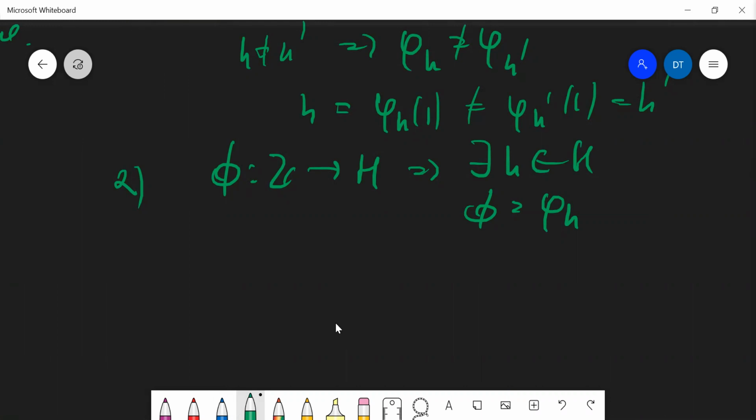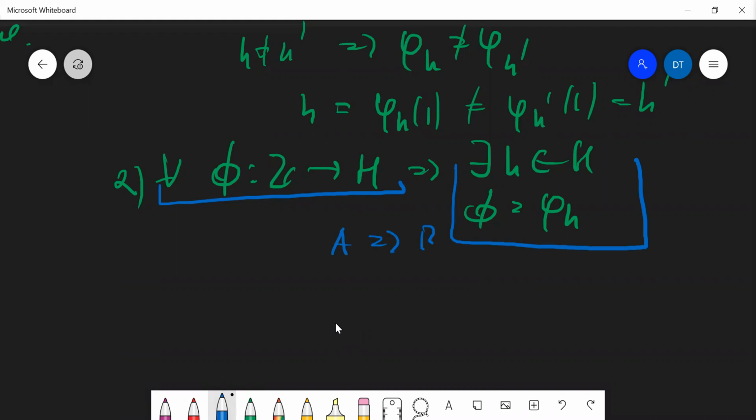Yes, this is a statement. The statement has this structure: this is what we're given, and this is what we want to prove. So A implies B. The structure of each statement has this form, and this is exactly what's written here.